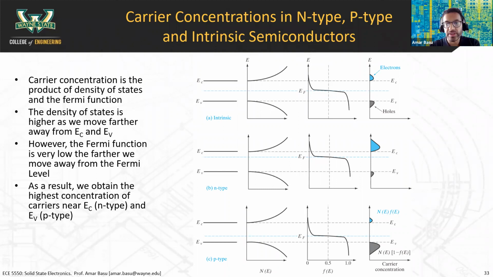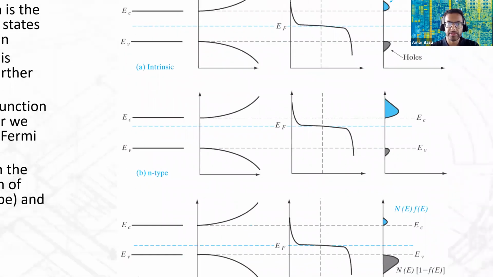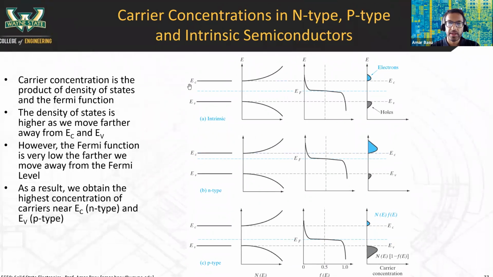If you look at this graph, there's a lot of information here, so bear with me. In the intrinsic semiconductor, as we saw before, the Fermi level is right in the middle. In the N-type semiconductor, the Fermi level is above the midpoint, closer to EC. And for a P-type, the Fermi level is closer to EV.